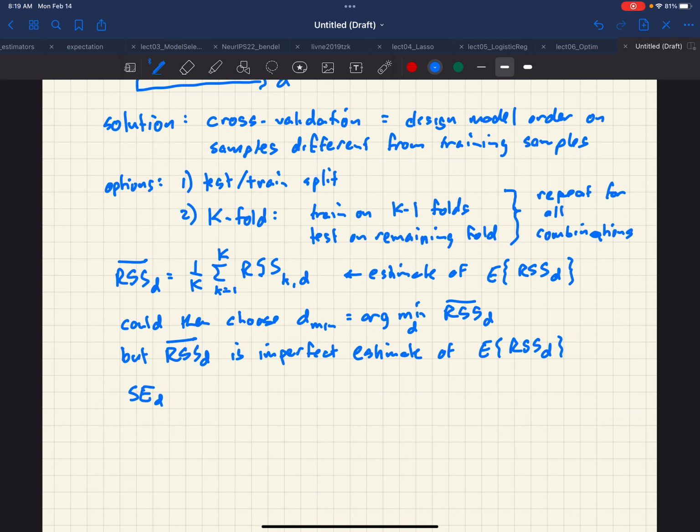Regarding our errors, epsilon I are IID with mean of 0 and variance, or squared epsilon on average, being sigma squared.